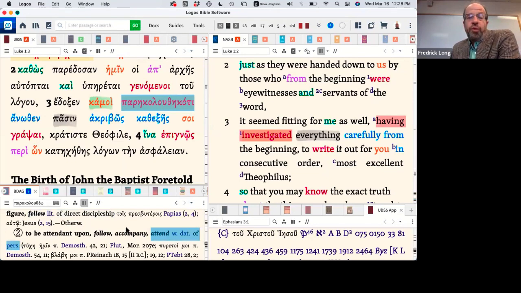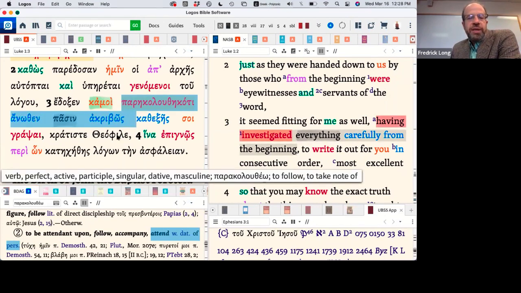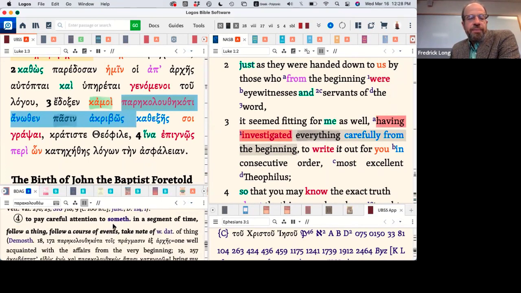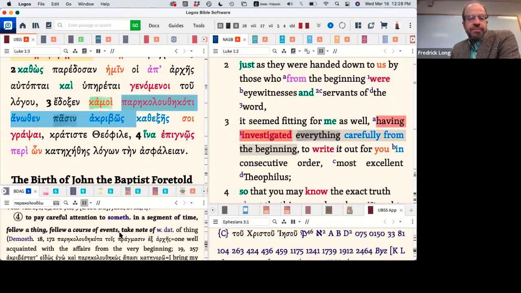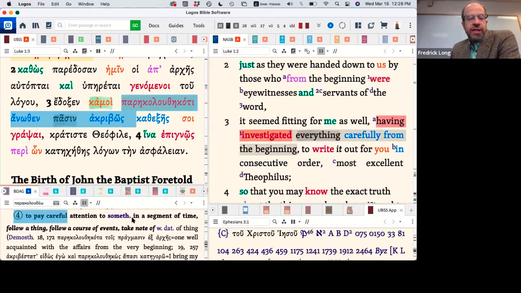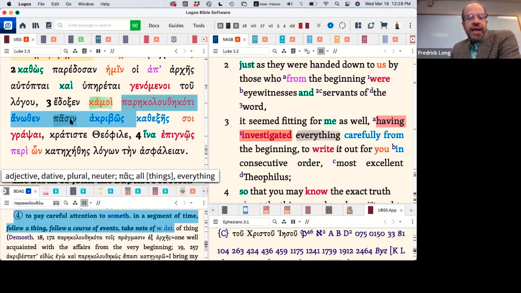Well, we don't have a dative of person, we have a dative of thing, which might mean that the following has to do with research, like following up everything from the beginning and then accurately. So this would be not that he followed Jesus per se, but that he is paying careful attention, taking note of. And notice that our lexicon has an entry that indicates when you have a dative of thing, you're dealing with a different kind of following.